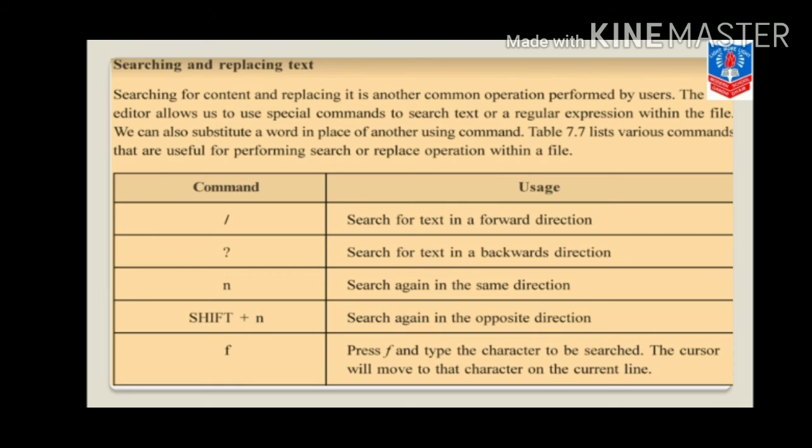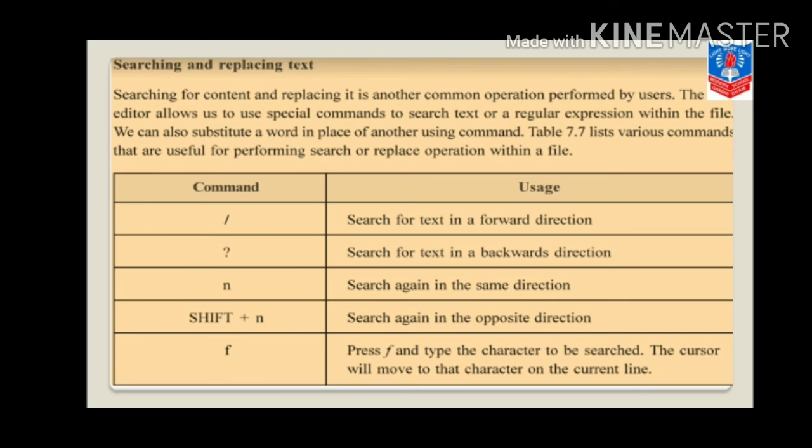Now go to searching and replacing text. Searching for content and replacing it is another common operation performed by users. The editor allows us to use special commands to search text or regular expressions within the file. We can also substitute a word in place of another using command.